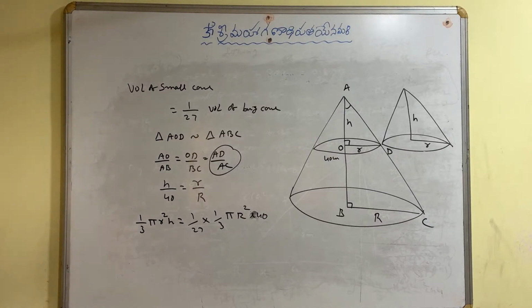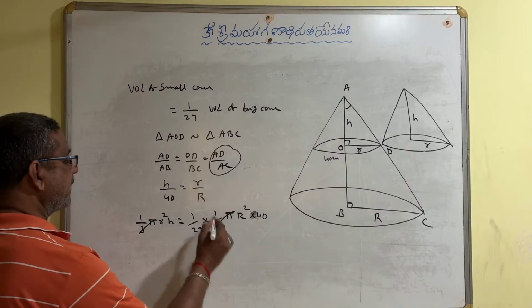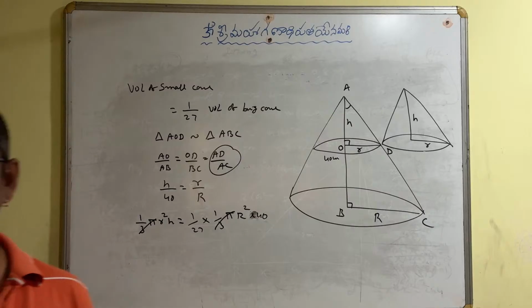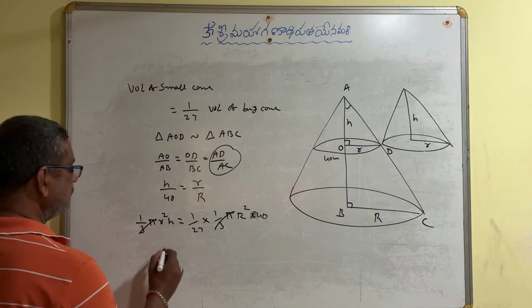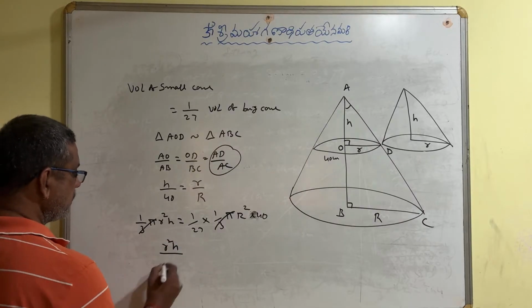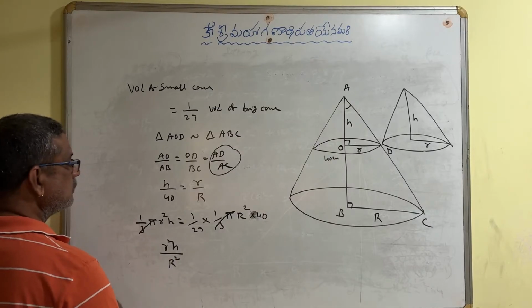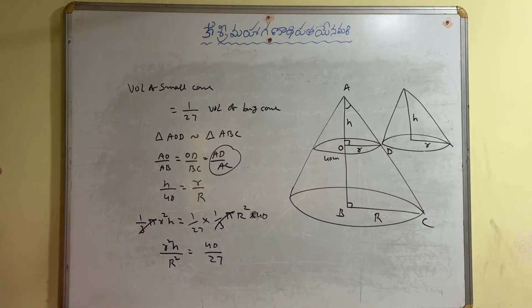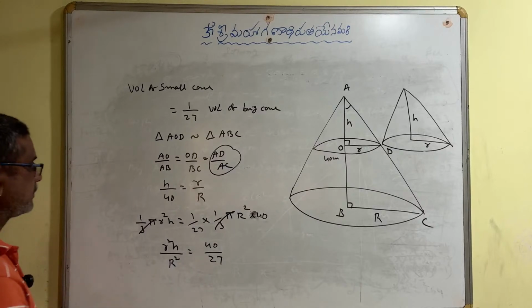Now here 1/3 pi get cancelled. Now what is remaining? r square H is equal to 40/27, just bringing down this capital R square over here.